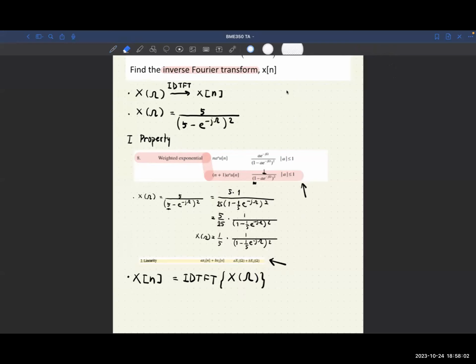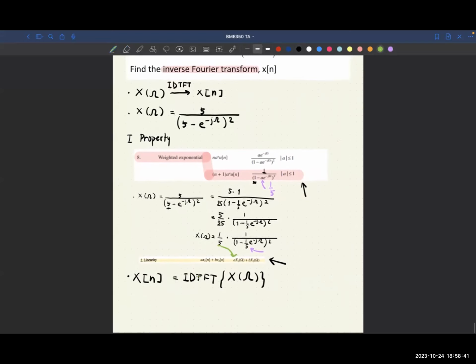That's great. Beautiful. Okay, let's do this together, shall we? Can anyone tell me what my a will be? If you look at this, it will just be 1/5, right? Our a in this will be 1/5, and our a for linearity will also be 1/5.